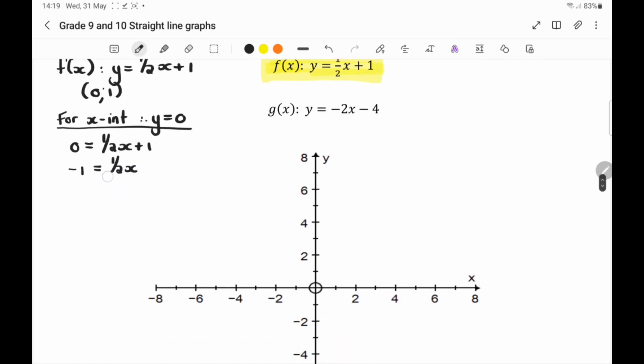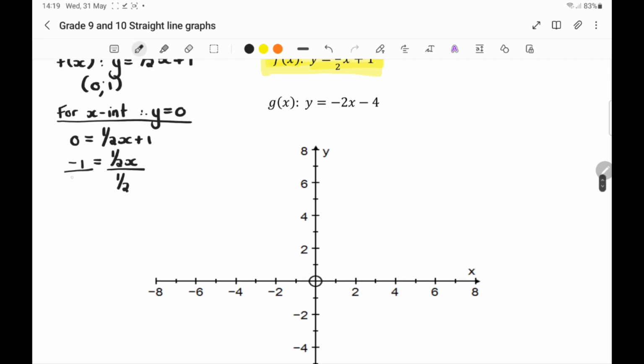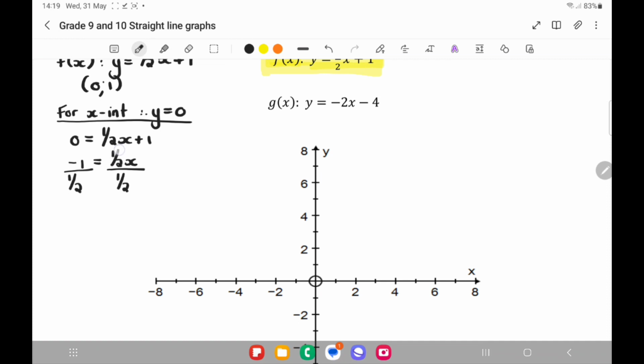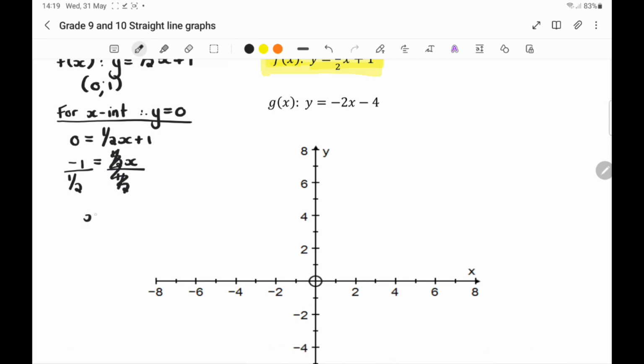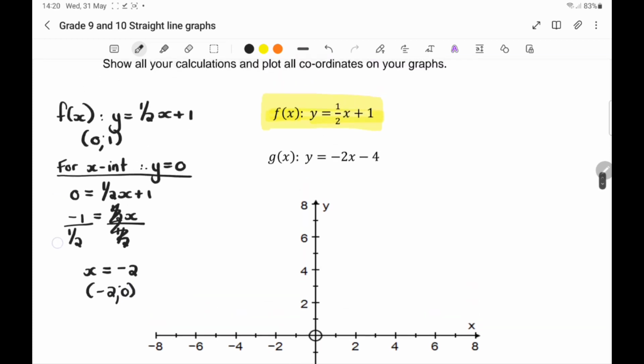And then what is happening to x? It's being multiplied with a half. So I'm going to divide with a half on each side to get rid of that. And x is then equal to negative 1 divided by a half gives you negative 2. So the other coordinate here is negative 2, 0.